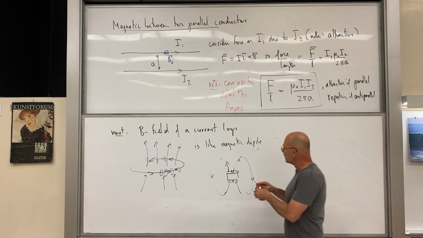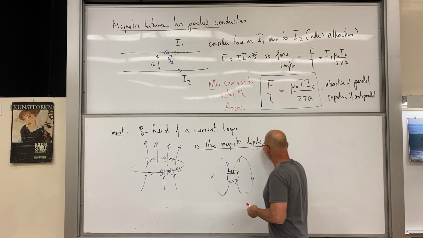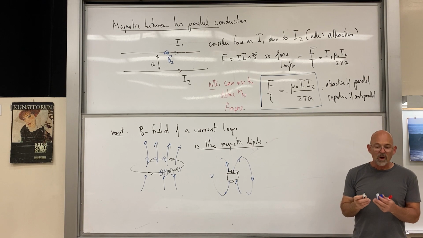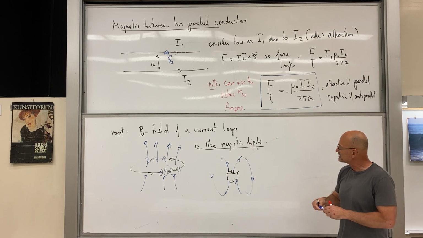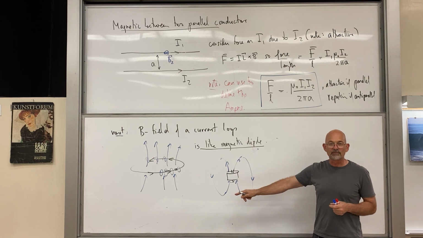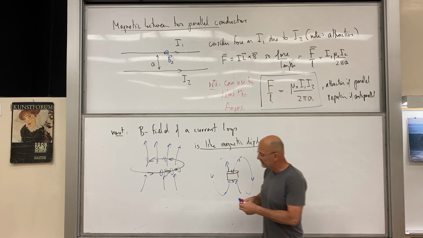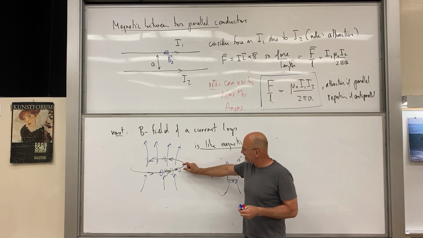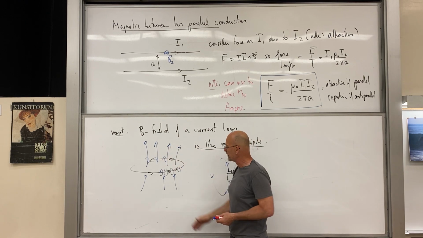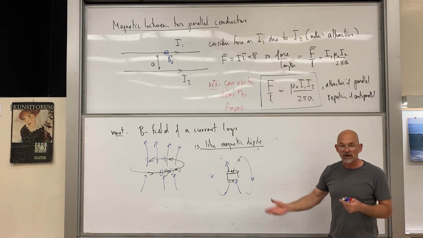So that's really important. It starts to explain to us why we cannot ever isolate a north or a south pole, because this is an infinitely thin, ideal loop, and it's giving us a dipole field, and it just comes from a current.